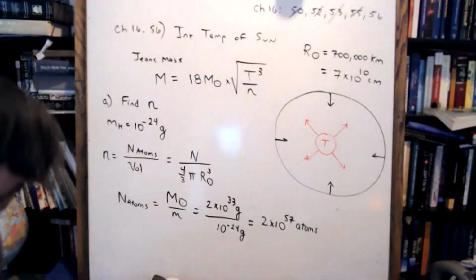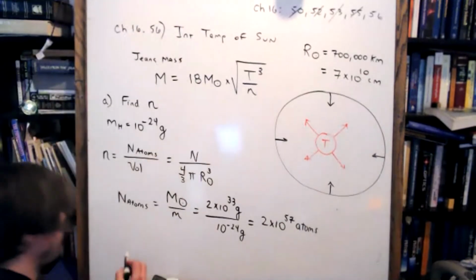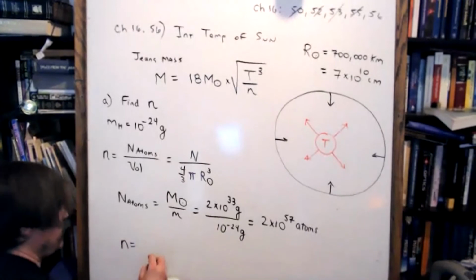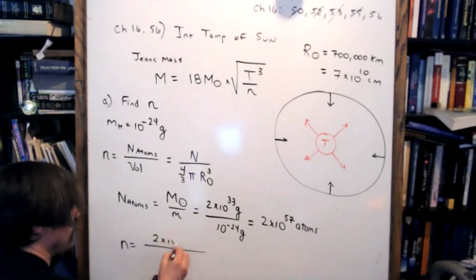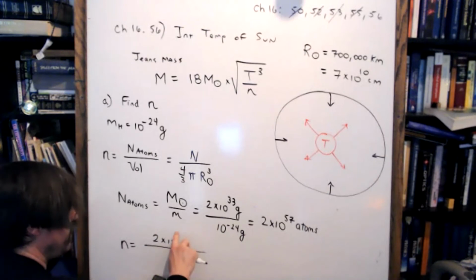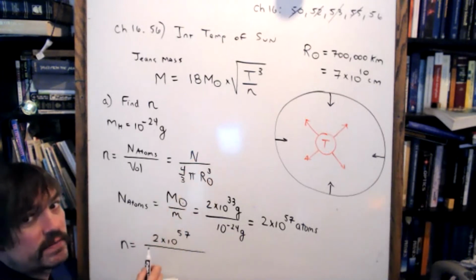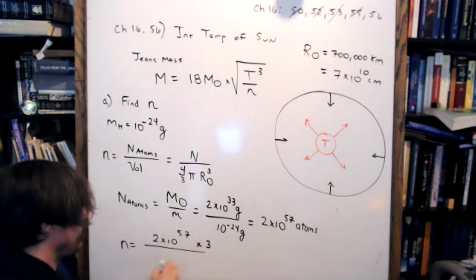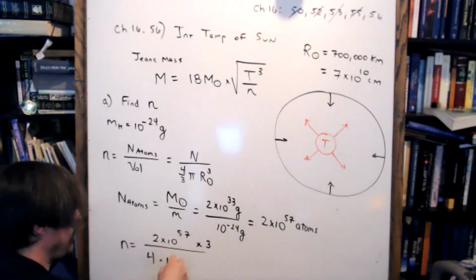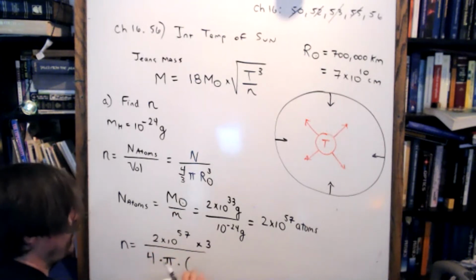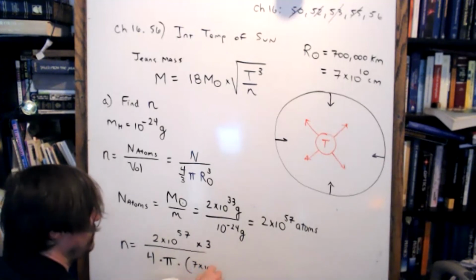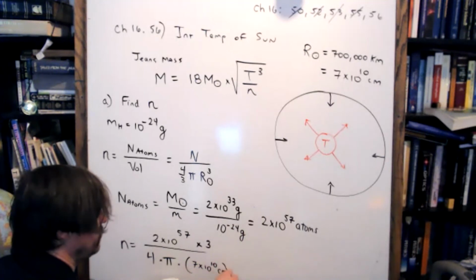All right, so let's calculate the number density. The number density is the number of atoms, 2 times 10 to the 57, divided by, actually, I'm going to flip the 3 up here for mathematical sake, times 3, divided by 4, divided by pi, and the radius of the sun is 7 times 10 to the 10 centimeters cubed.